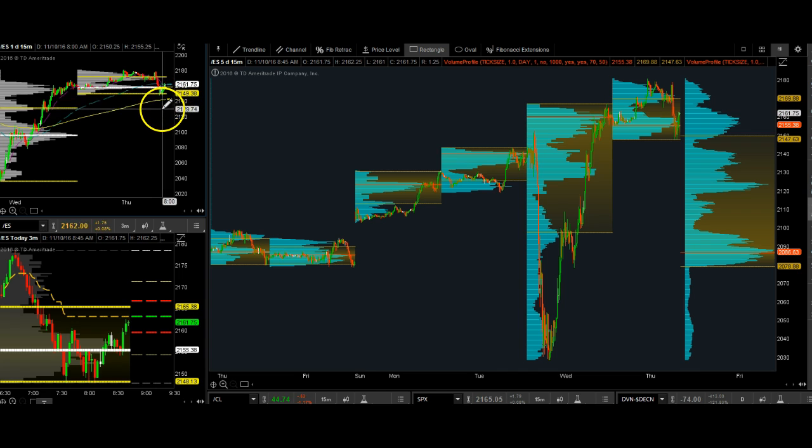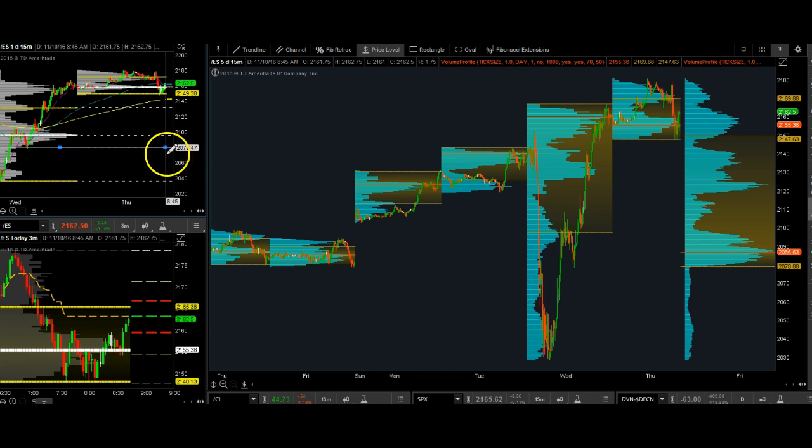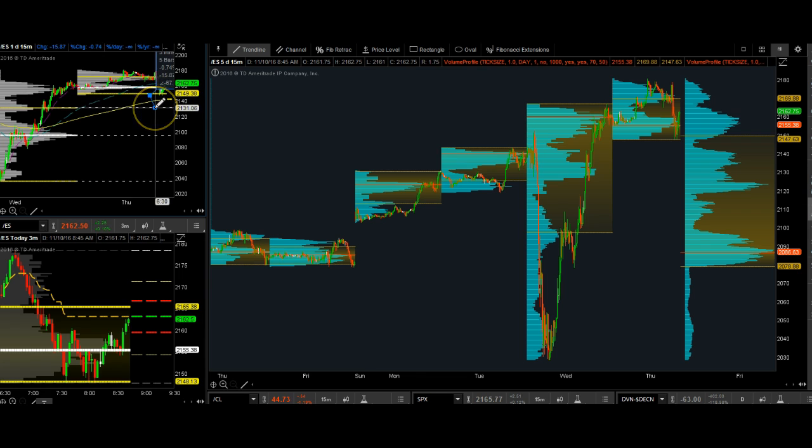If price kept falling, chances are we would find support at this high volume, the value area high, value area low, and the POC, point of control, okay? Chances are if price actually kept falling, we would see price bounce, right?